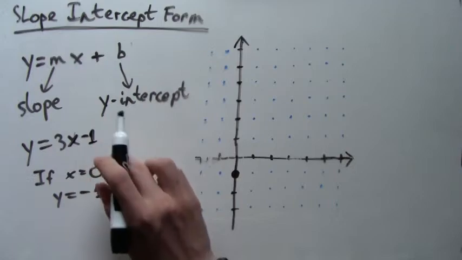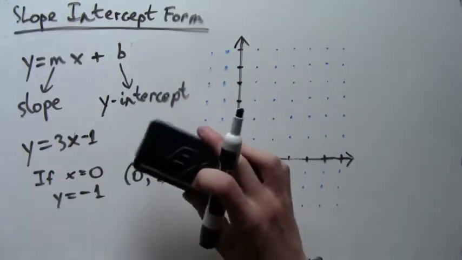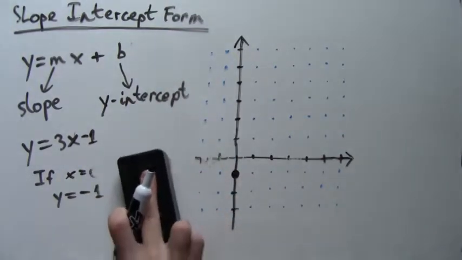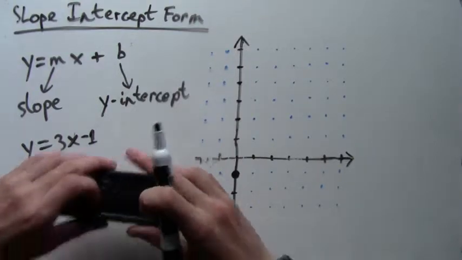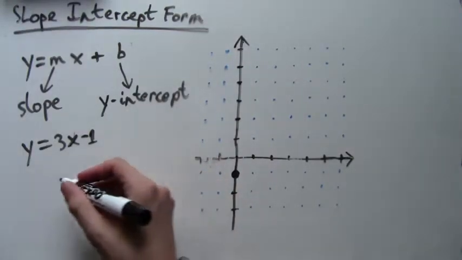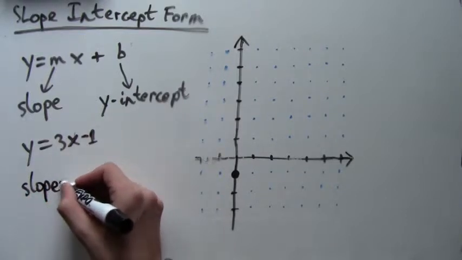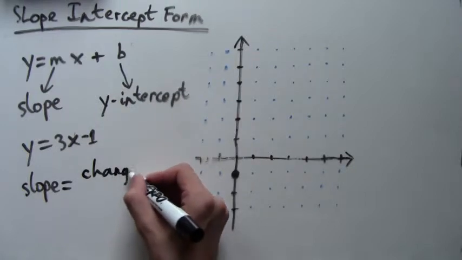To get a second point, we're going to use the slope. First, let's remember what exactly the slope is. Slope is equal to the change in y over the change in x.